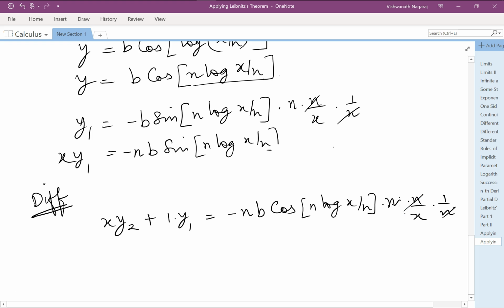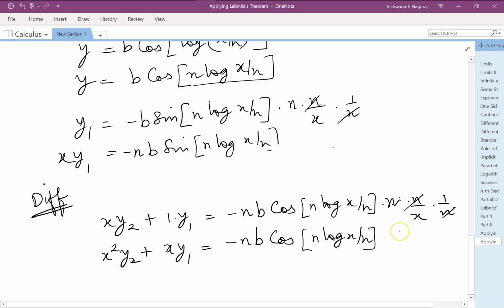So this n gets cancelled and this x can be brought to this side. So we end up with x square y2 plus x y1 is equal to minus n b cos n log x by n, and this n we can bring it to the front, so it becomes n square.